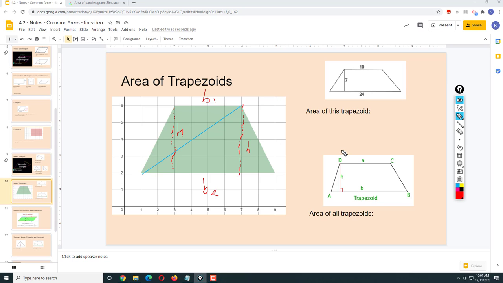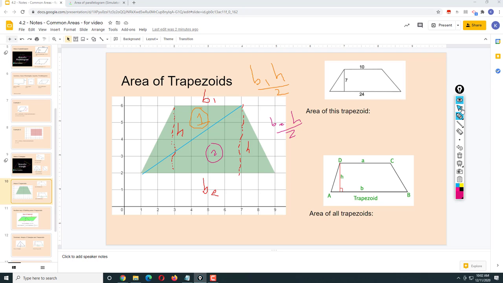So the area of this triangle, let's call this triangle 1, is going to be B1 h divided by 2. The area of the other triangle, 2, is going to be B2 h divided by 2.